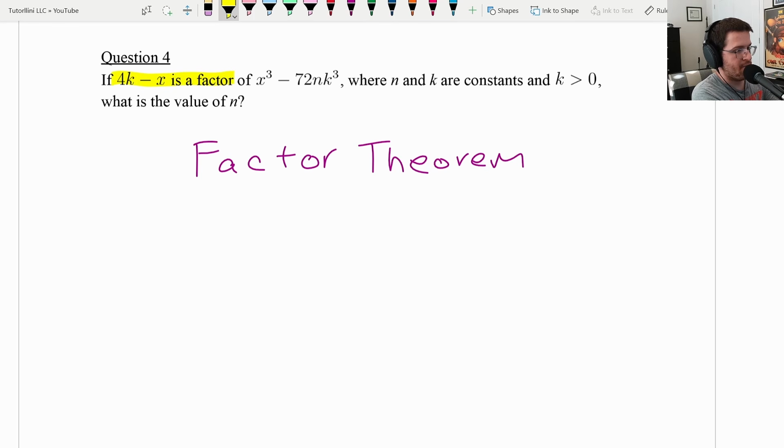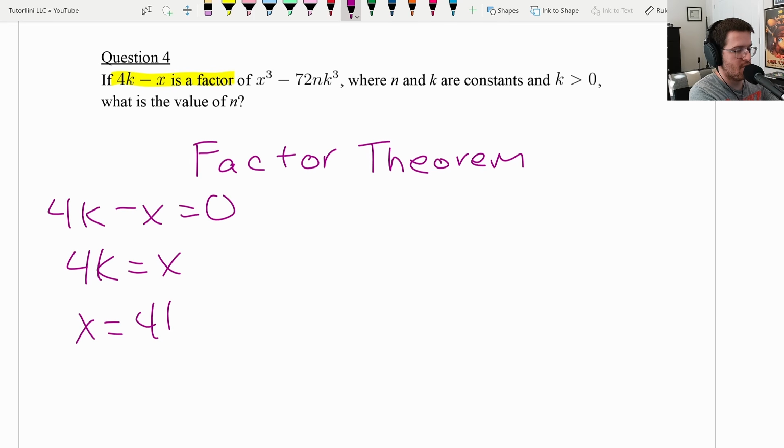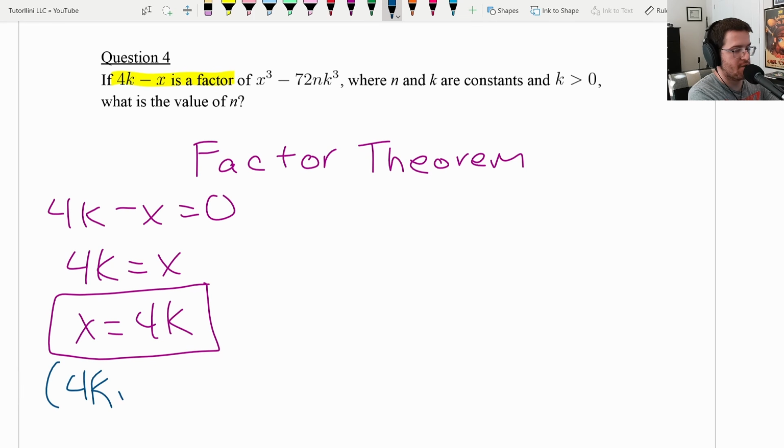So this factor, 4k minus x, I'm going to add x to both sides, and I get 4k equals x. That's it. So when x equals 4k, that whole expression is going to be 0. If you want to think about it making a graph, this guy should be an x-intercept. So 4k comma 0. X-intercepts always have a y of 0.